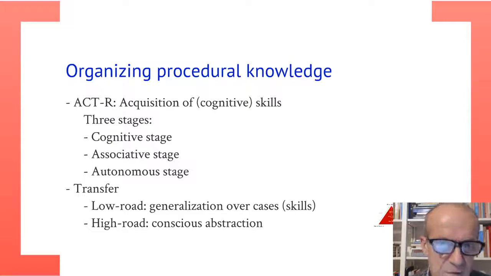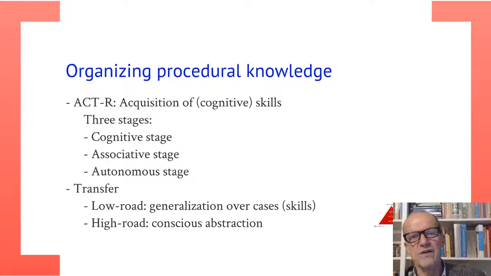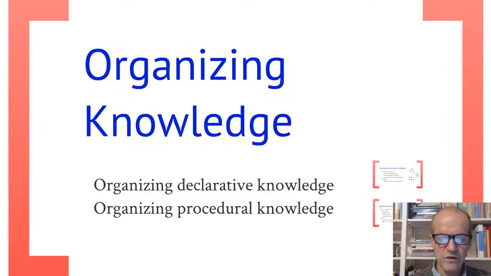And the high road transfer is what we discussed with the concepts, in which we consciously abstract certain characteristics and use these abstracted characteristics to identify new examples of a particular concept or theory. You could try to combine these two views on transfer as a concept as such.